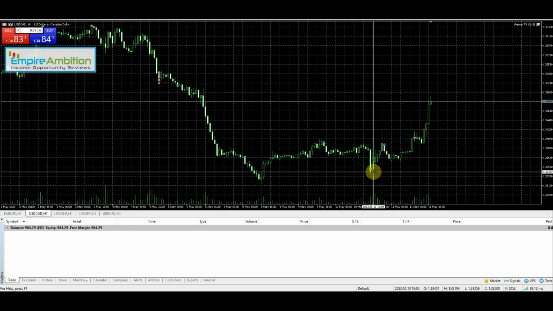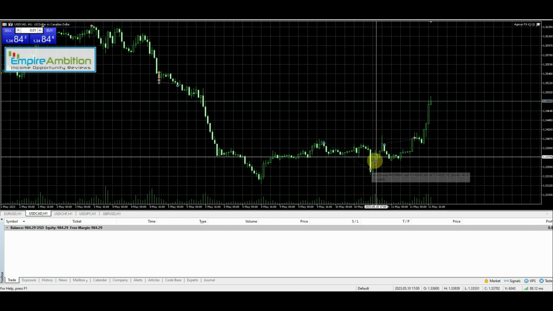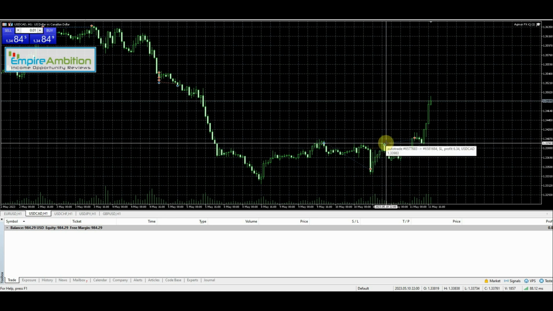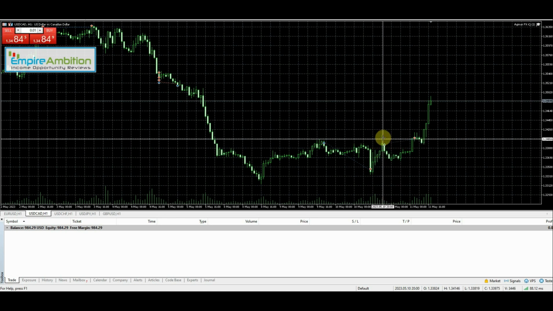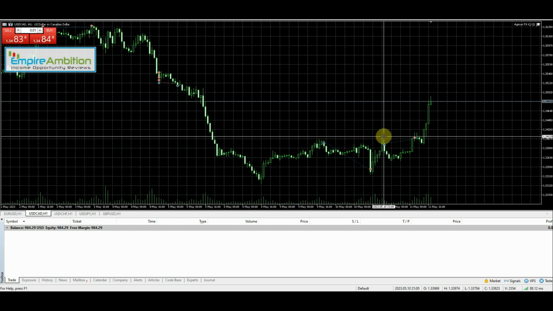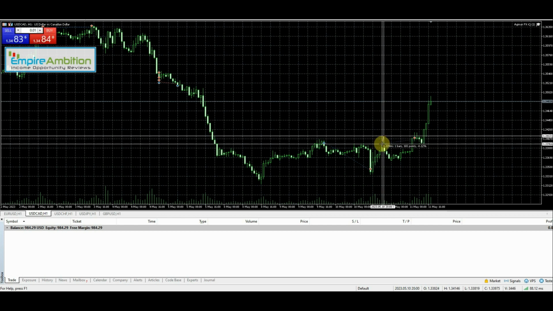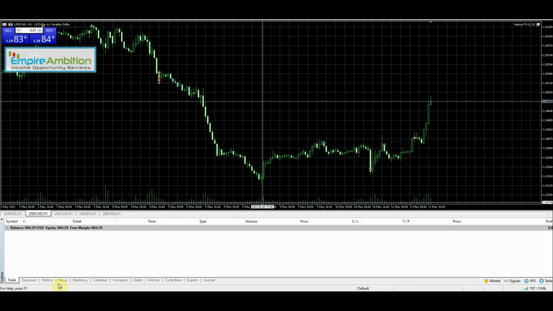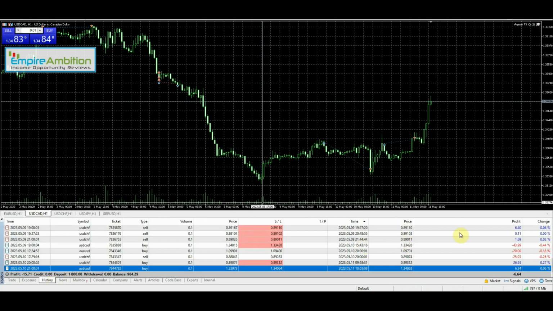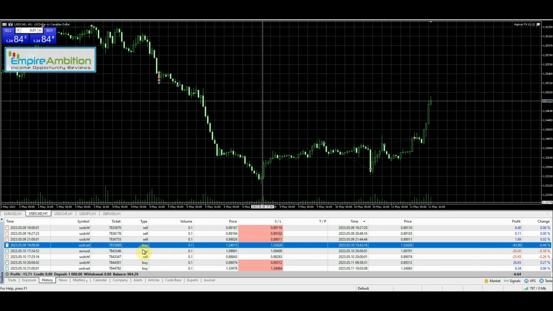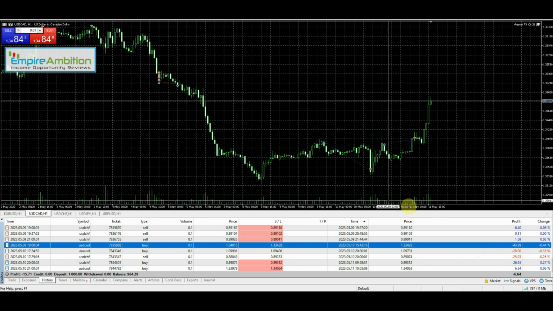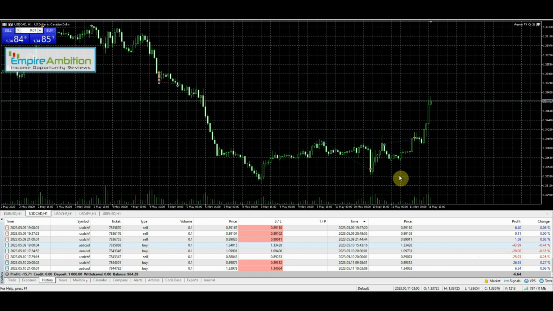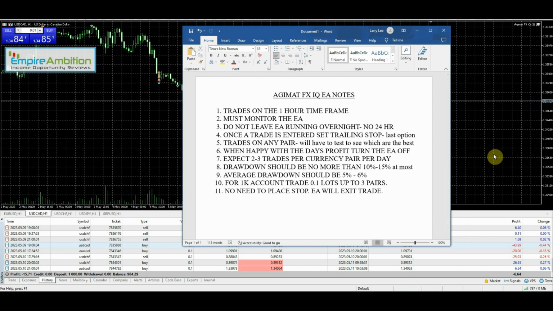As we can see here, the market did retrace shortly after we got stopped out, and I'm assuming our trailing stop, probably on this push up right here, would have kicked in and taken us out. So about 16 pips or so. That was our biggest losing trade there, right here, as you can see. USD CAD, $43 loss.